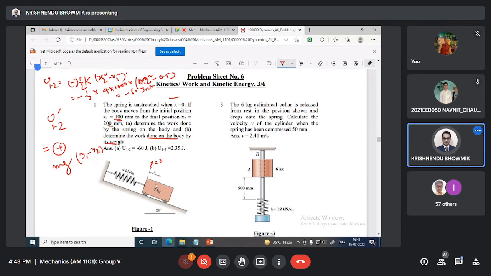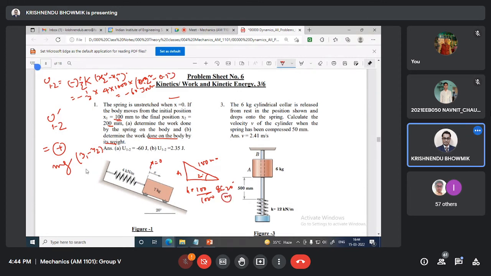Or somebody can say it this way: this is the length, this length is 200 minus 100 mm, and this is 20 degrees, so this height will be 100 by 1000 sine 20 degree, in meter.